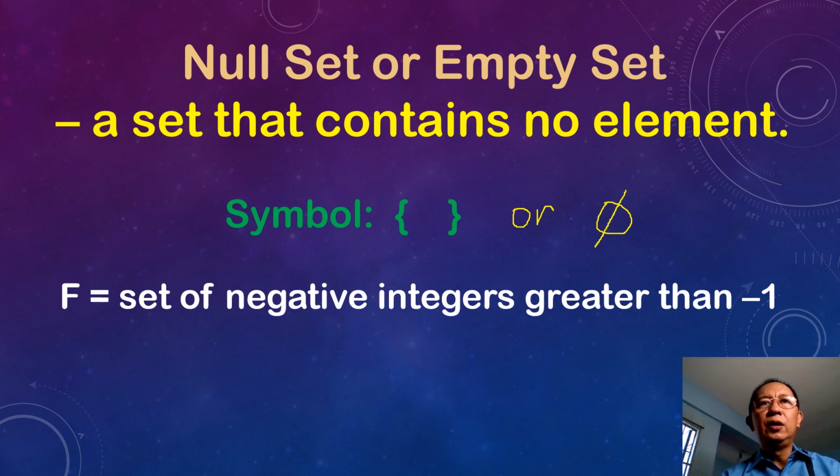So when we rewrite this set in roster form, it goes like this. Set F is equal to the empty set or null set.